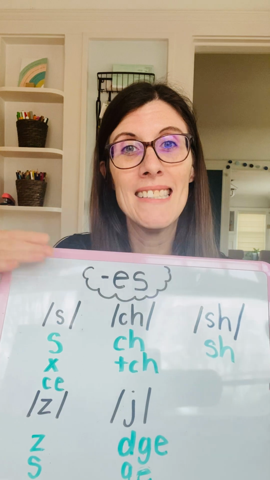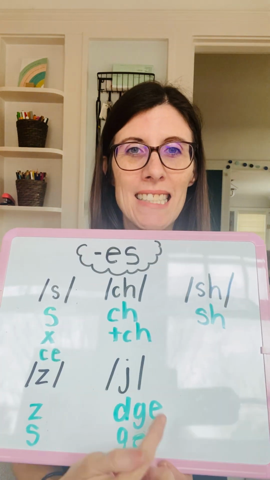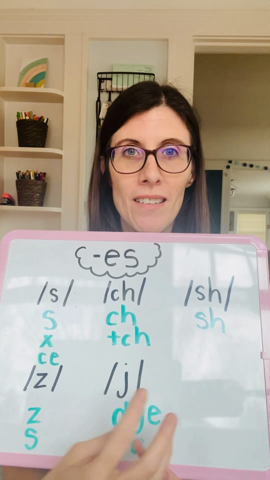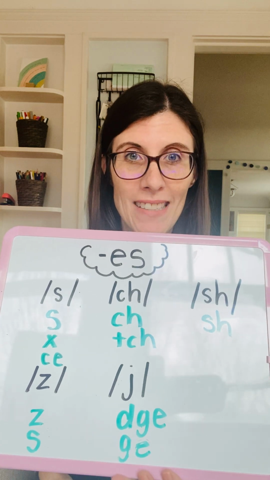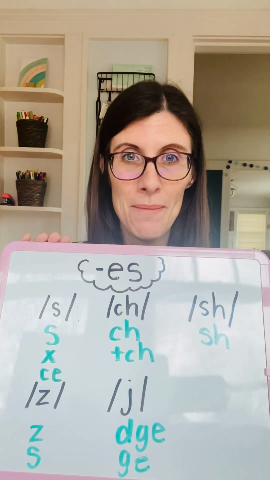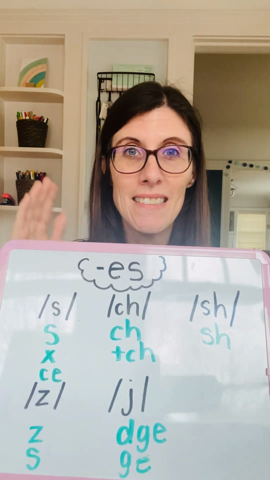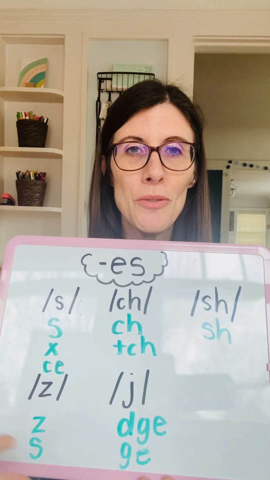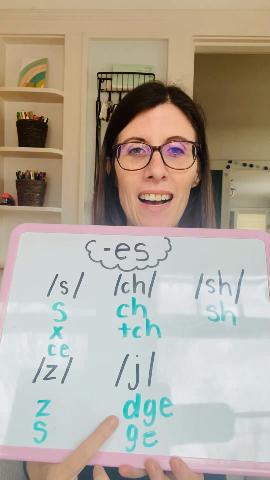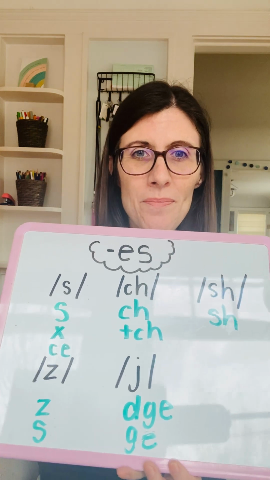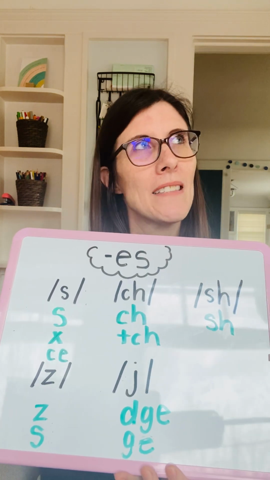Because again, when I initially teach this, we haven't gotten into these graphemes, so I don't include that in my initial lesson. That's why this is a great time to revisit this lesson of the suffix es and reteach it with these new graphemes. So in the example that I gave earlier, did I say dodges?